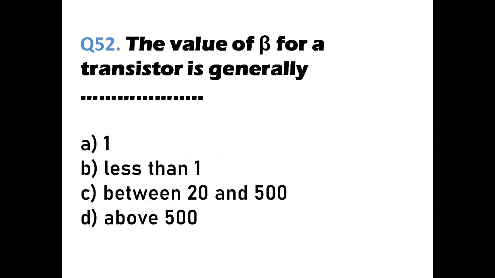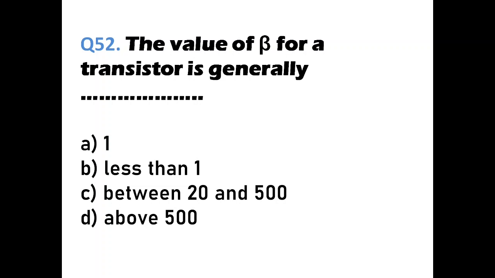The value of beta for a transistor is generally dash. Here beta is the current gain or current amplification factor in common emitter configuration. That means it is output current upon input current. The output current will be the collector current and the input current will be the base current. Obviously base current will be very small and collector current will be very high, so this ratio has to be more than 1.